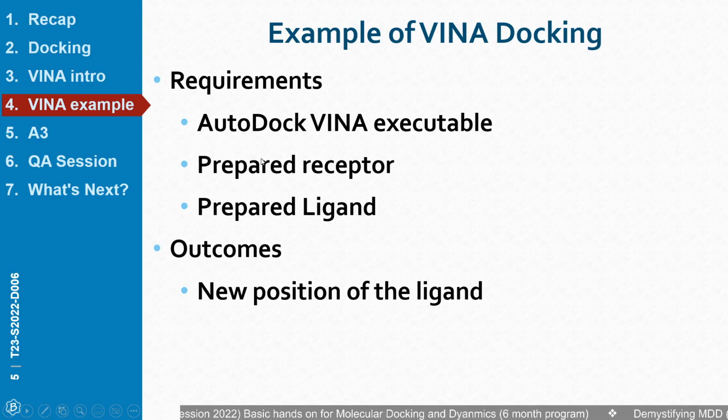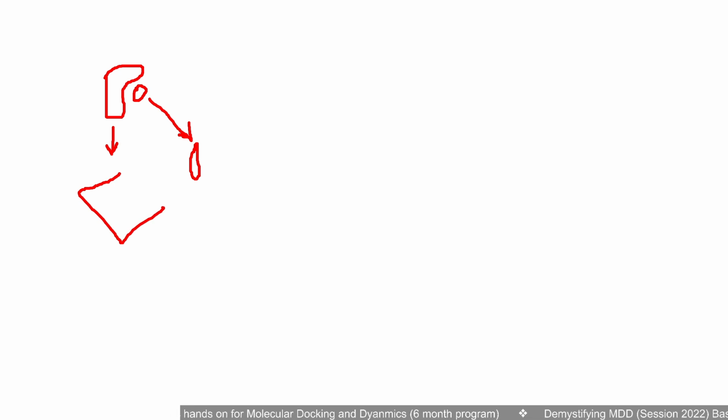And now what will be the outcome of this simple example? I have some protein structure, and this is the ligand. What this software does is, it takes the protein, takes the ligand, and changes its conformation.